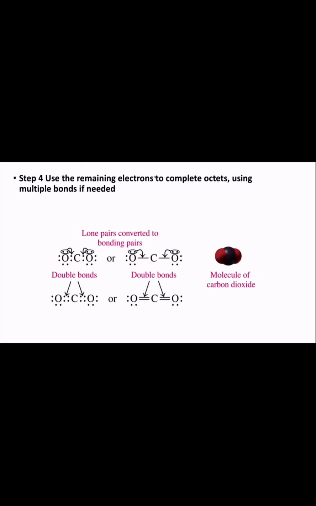Okay, next thing we do, use the remaining electrons to complete the octet, using multiple bonds if needed. Let's start putting valence electrons here.